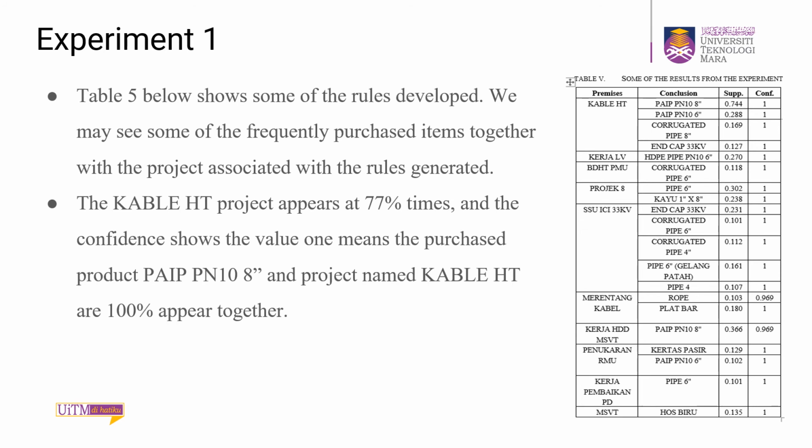So what we can conclude from this table is, for example, for project cable HT, we found that there are several supplies related to the cable HD project: pipe PN10 8-inch, pipe PN10 6-inch, congregate pipe and end cap 30K V7 with a different supply. There are lots of other projects with supplies associated with the project.